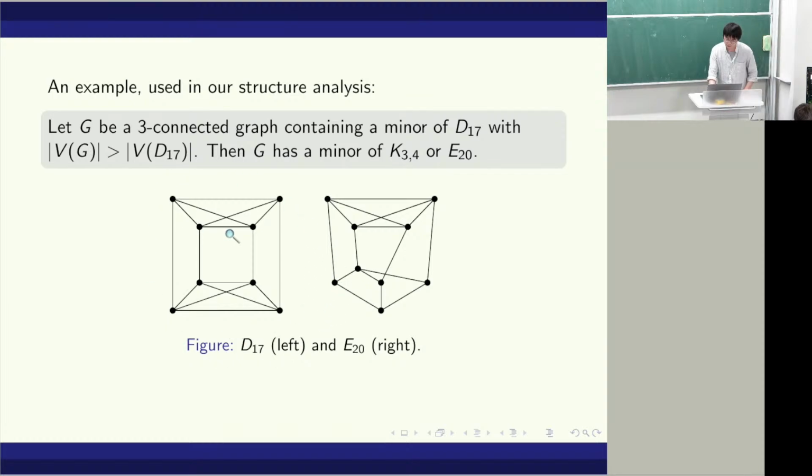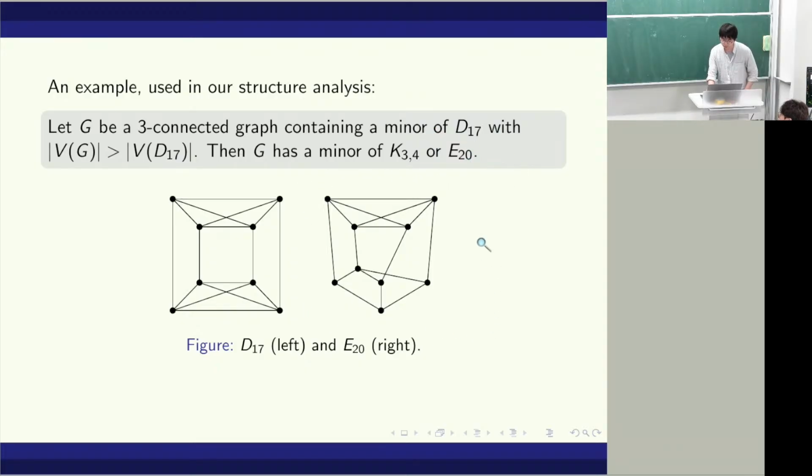You can see that it is one K4 and another K4 joined by a matching. And we also have the condition that the graph has more vertices than D17. Then we conclude that G has a minor of K34 or E20.